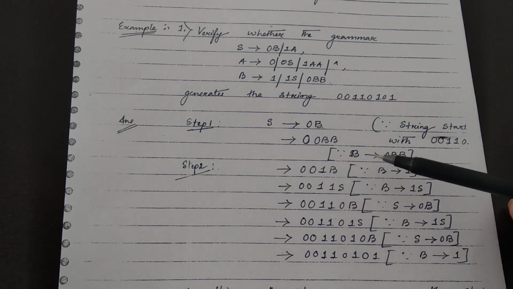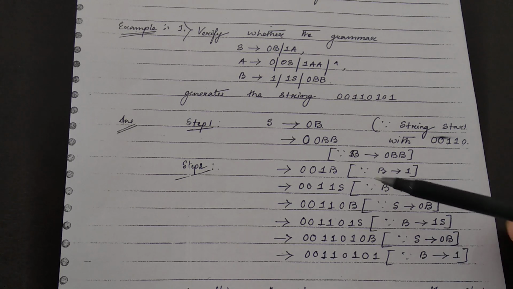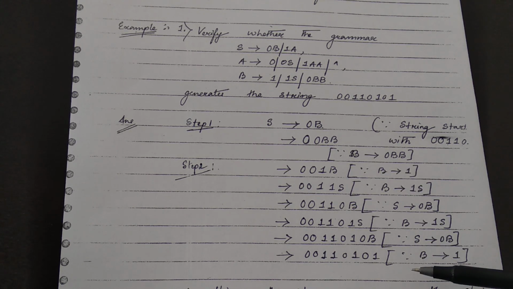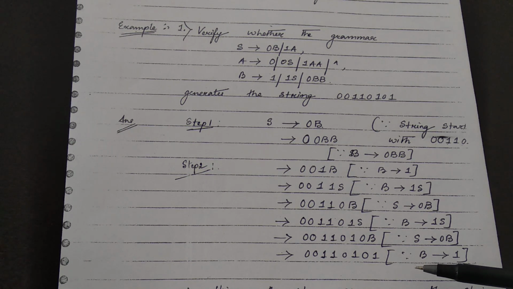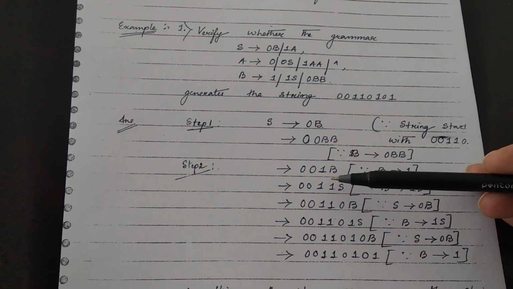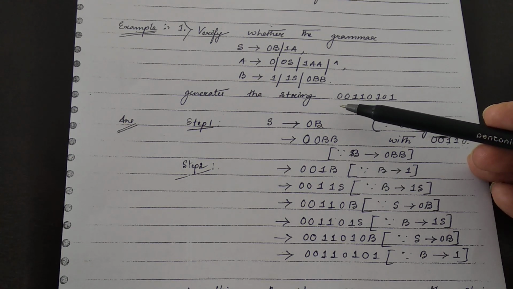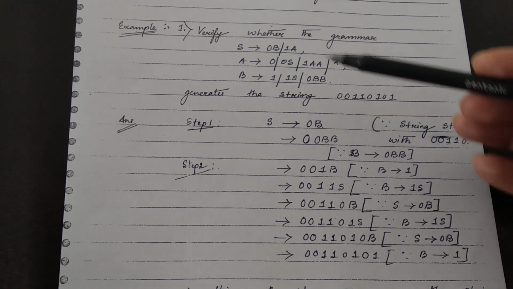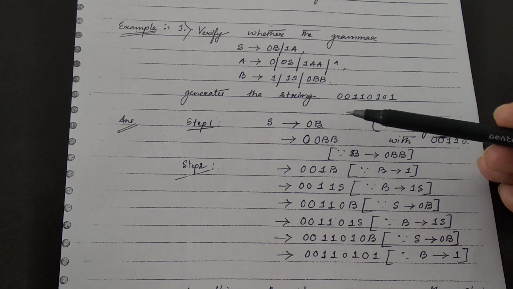See, you can check in every step which productions I have mentioned using. This is very much mandatory while writing in your examination: mention which production you are using for simplifying. Please make sure of it. This is how you apply your logic. But my main funda is that you have to check the string first, and generate it using these productions based on the string.